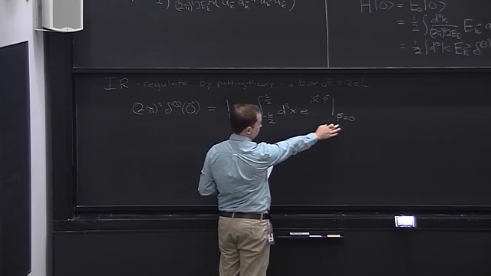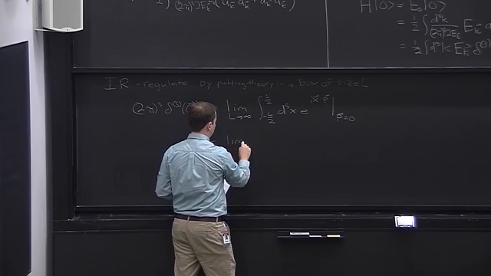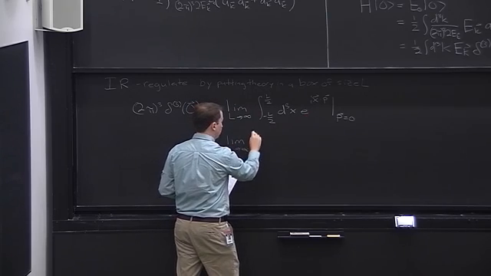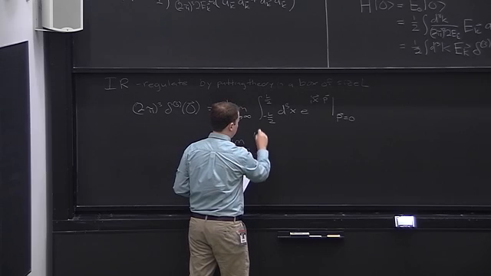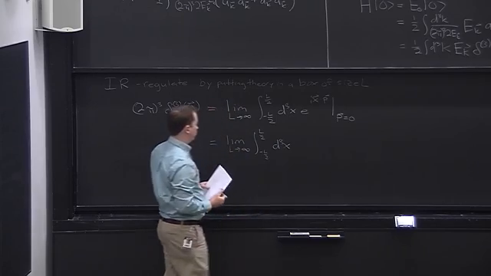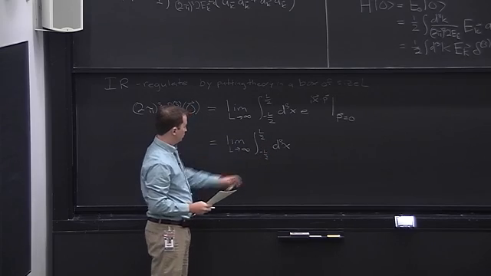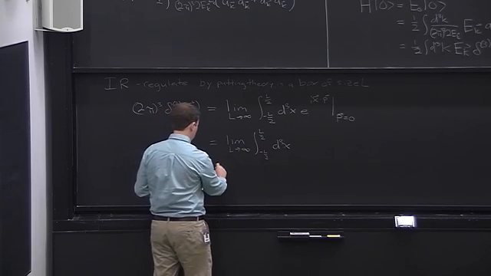Well, this exponential with p equals 0 is just 1. So this is the same as the limit as L goes to infinity of the integral d3x, and this is just the volume of our box.